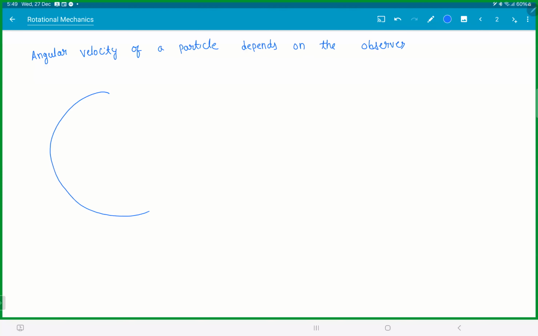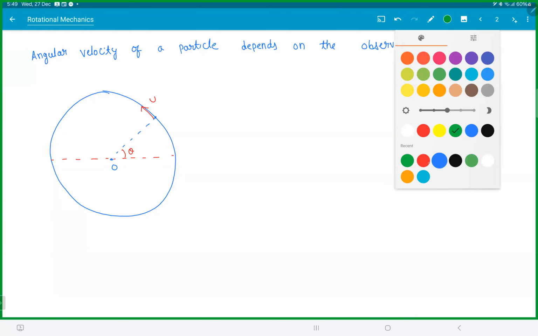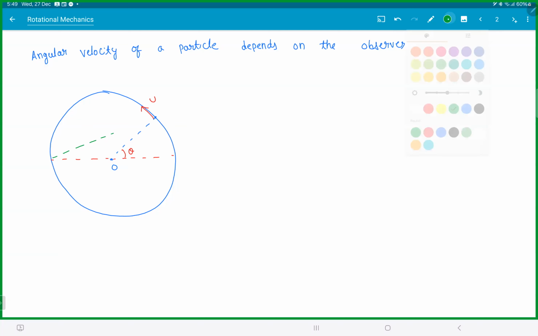Example, when you took a particle going on a circle with speed u, this angle was theta. This angle was how much? Theta by 2.